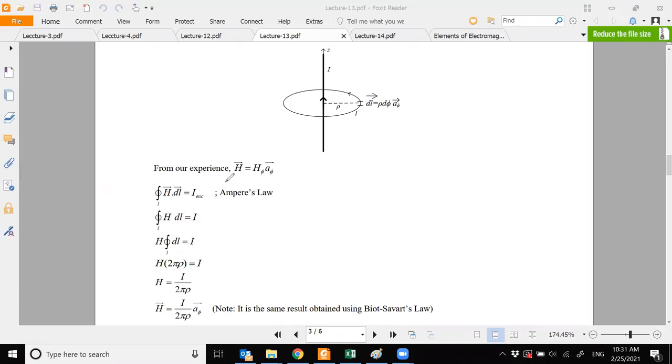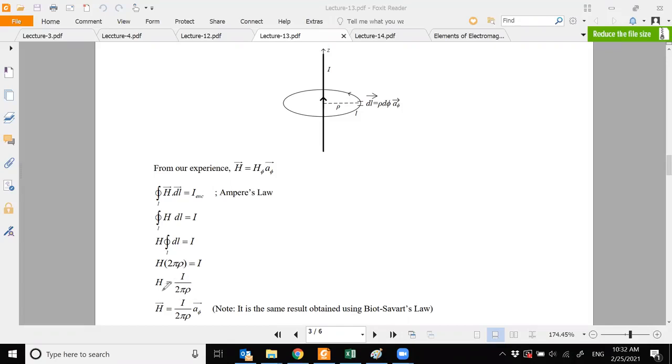And what is the line integration of this circle? This will be nothing but the circumference of your circle. The circumference of a circle of radius rho is 2 pi rho.